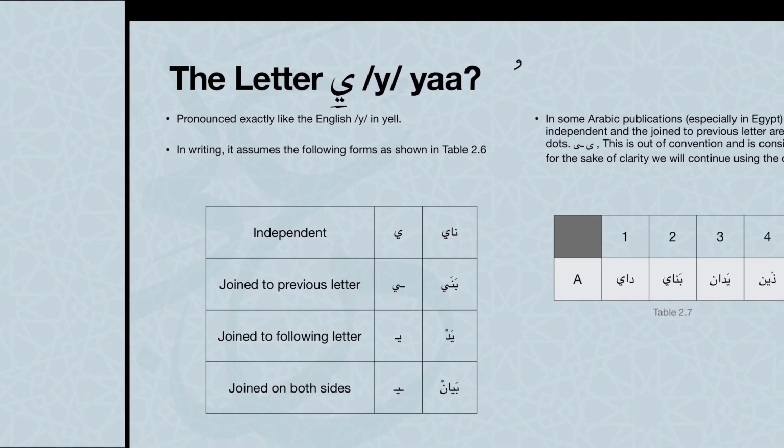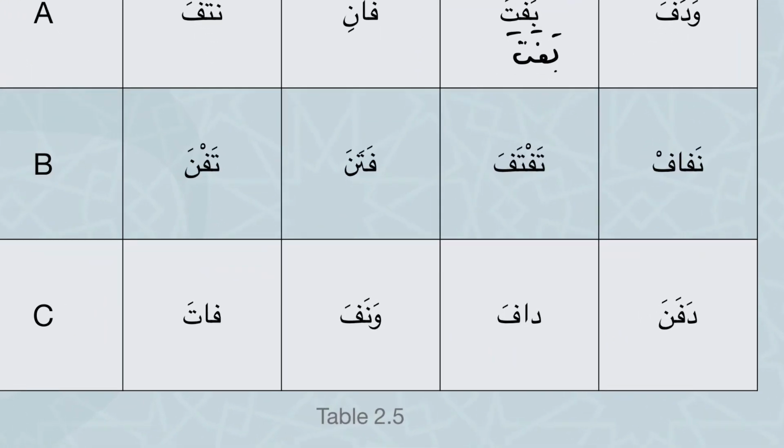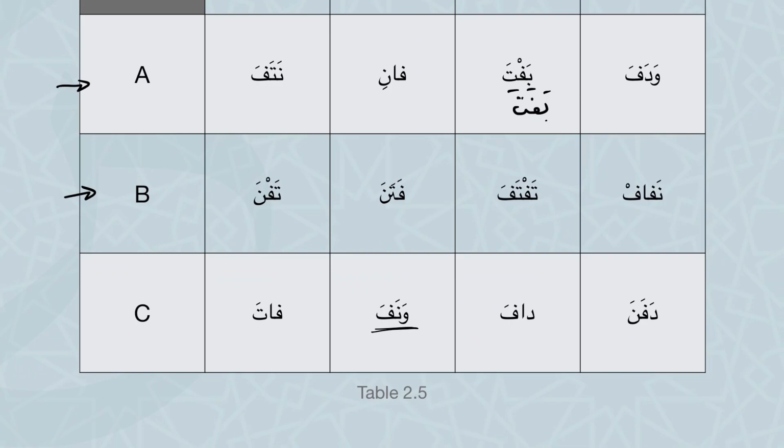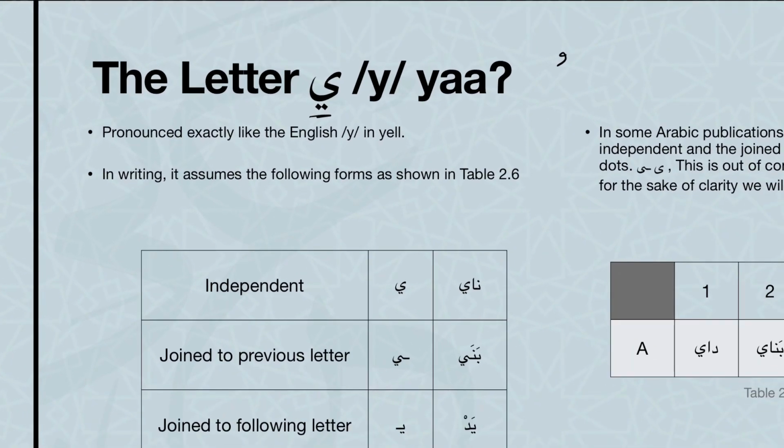The biggest example is the word we read here, wanafa. The waw had a fatha, so it was treated as a consonant, wa, not as oo. The same applies for the ya, but here we're going to discuss the consonantal quality of ya, not as an indicator of a vowel.